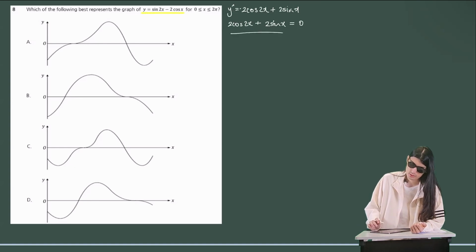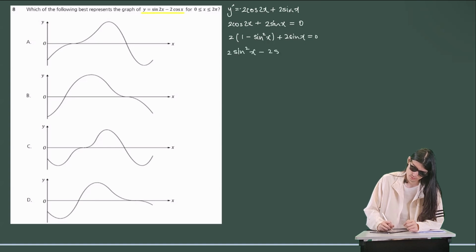So to solve the equation for x, double angle formula, rearrange, factorize.